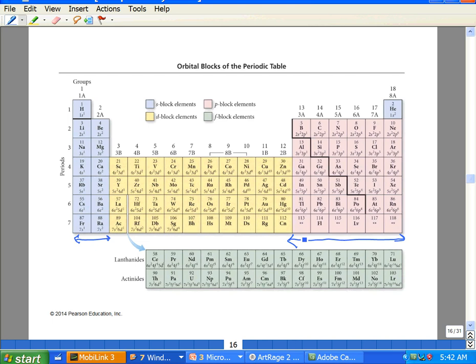You with me? Down here is what we call our transition elements. We also call these d block elements sometimes because it's the d orbitals that are the highest filled. So that's the first thing.